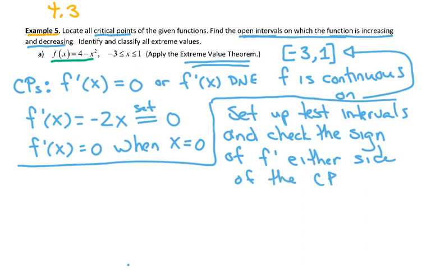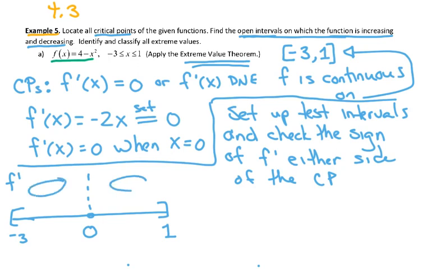So here we go. Critical point is at 0. So create a number line. And in this case in particular, remind yourself that we have a closed domain. So we want to test the sign of the derivative either side of 0.